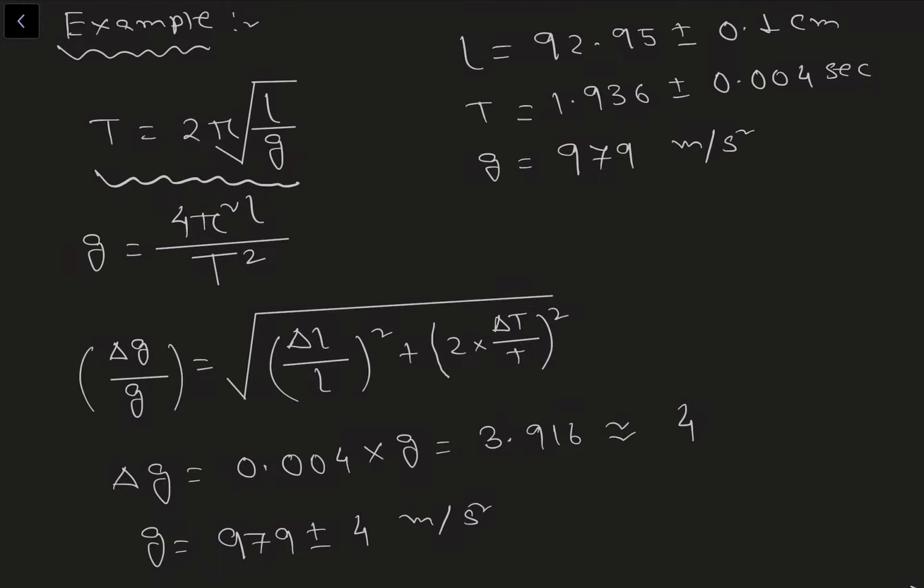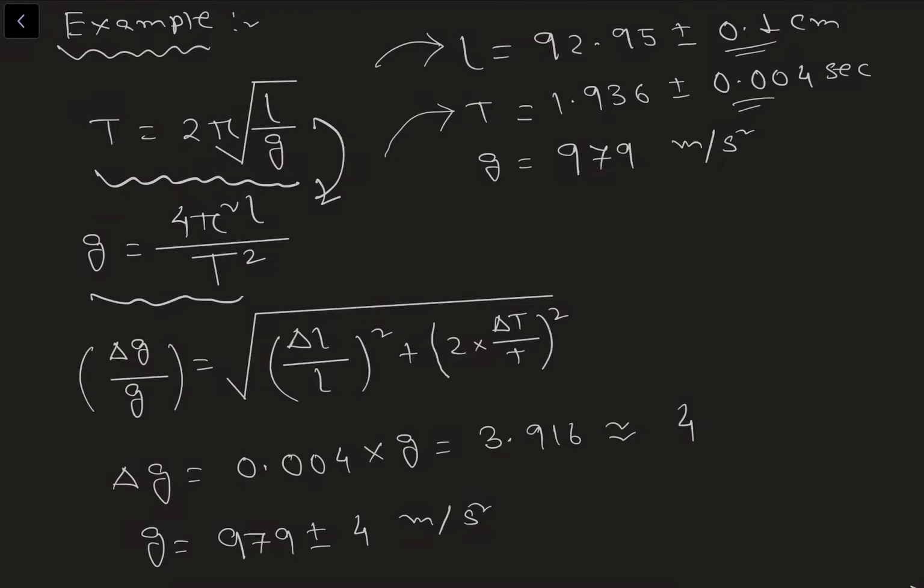This is the formula for the time period of oscillation of a pendulum. We measure the length of the wire or thread of the pendulum. We also measure the time period. This is the uncertainty we measured also. Now we want to calculate the value of acceleration due to gravity at the place where we perform the experiment.